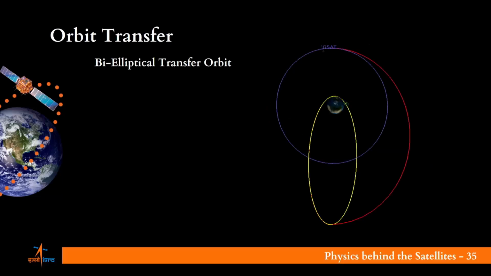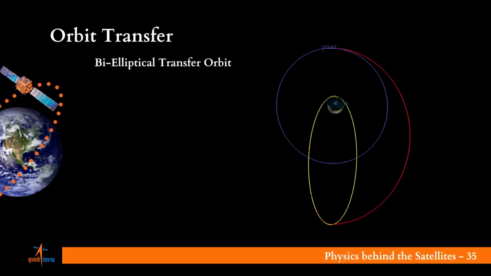Bi-elliptical transfer orbit. Bi-elliptical transfer is another method of transferring a satellite from one orbit to another. This transfer involves a couple of half-elliptical maneuvers. First, the satellite is boosted at the perigee of the initial orbit and takes a half-elliptical path.